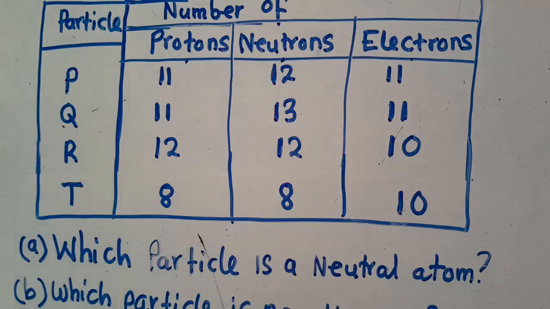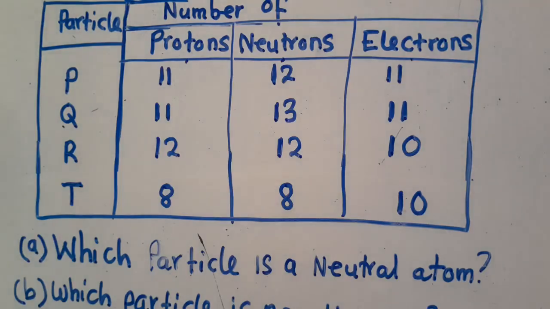Because only those atoms which are found on the periodic table, we get to call them a neutral atom, because they haven't involved themselves in bonding, they haven't reacted with anything, or they are not isotopes.